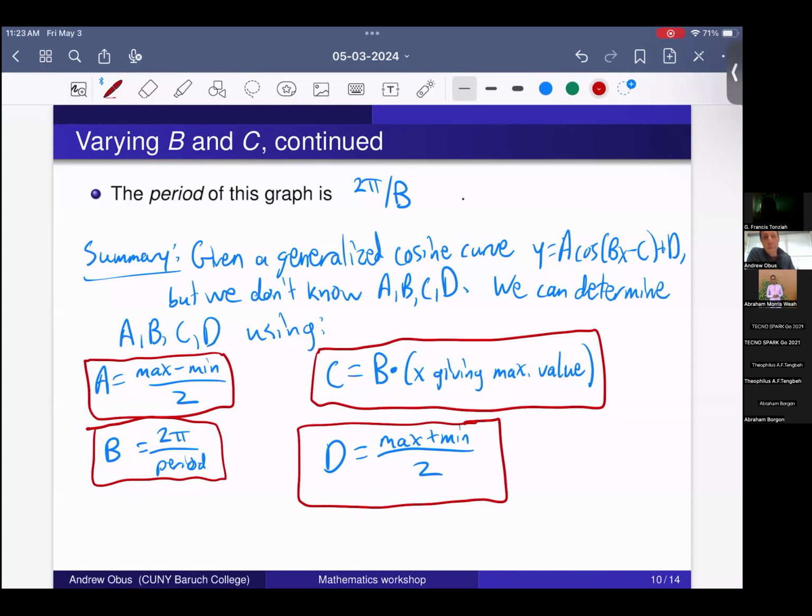Once you know those, you can solve for a, b, c, and d. And once you've solved for them, you know what the actual equation is, the one giving you this graph. So it's maybe not clear yet why you would want to do this.